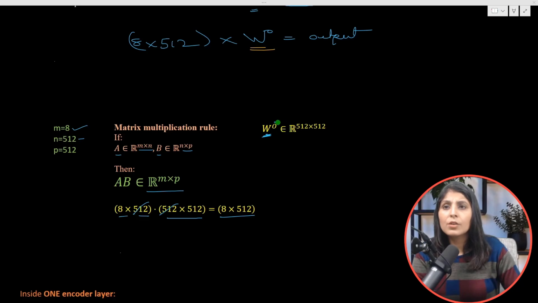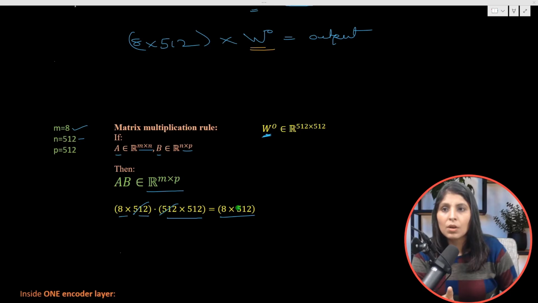And guys, why are we using this weight matrix over here? Why are we using this linear projection? Because it will combine the information from all the 8 heads into a single 512 dimensional vector for each token, right?